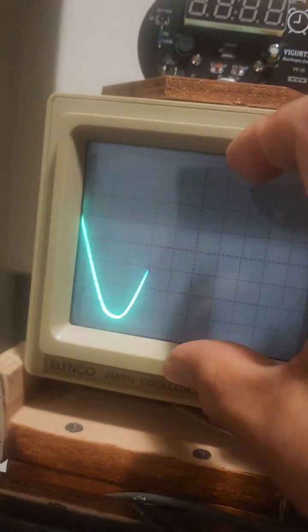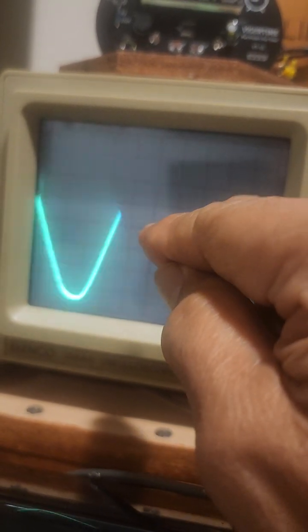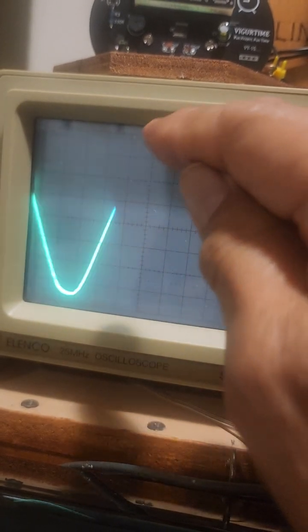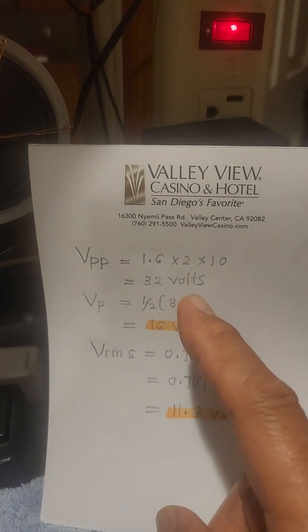Okay, we could measure from negative maximum to positive maximum, then from the center line to the positive maximum is 1/2. That's why in the computation there is 1/2 over here.